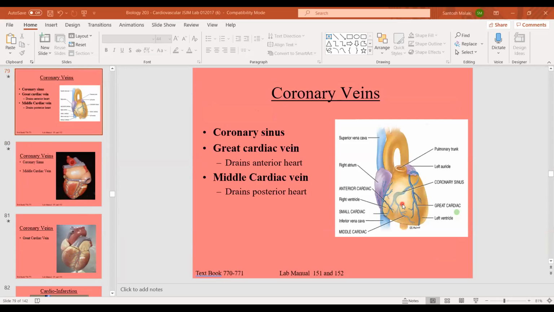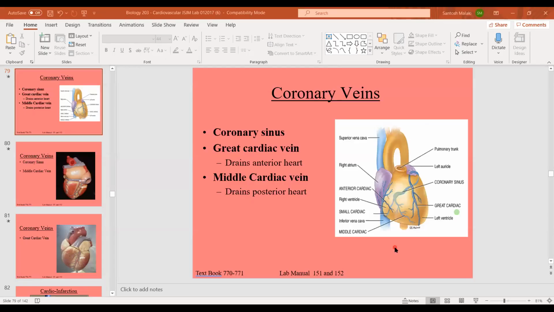So remember when you studied the right atrium chamber, there was a tiny opening known as the coronary sinus. That is the opening of the venous blood returning from the heart back to the heart.